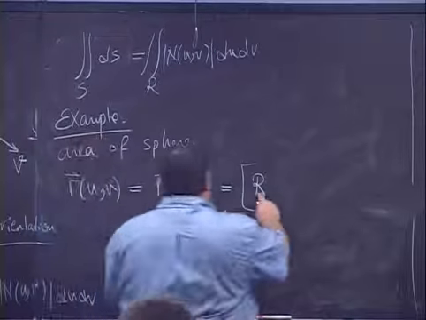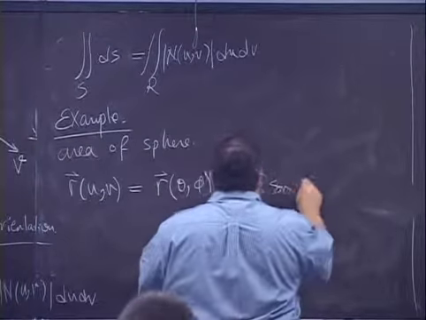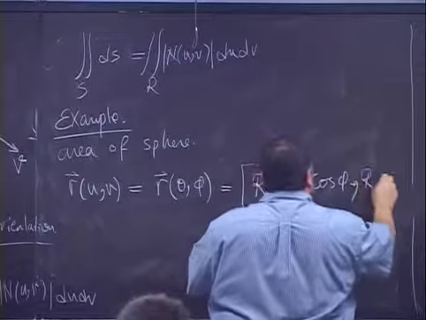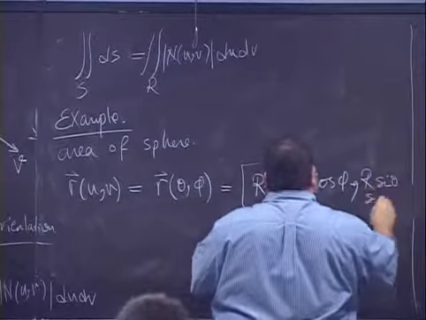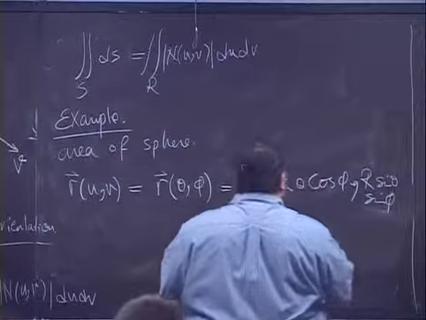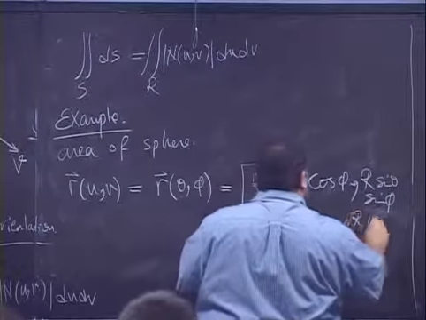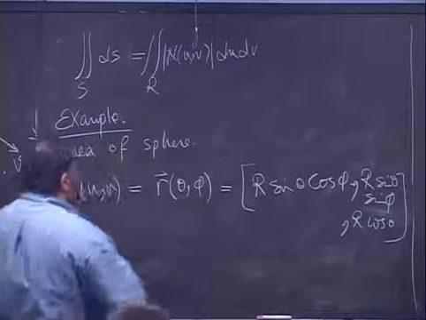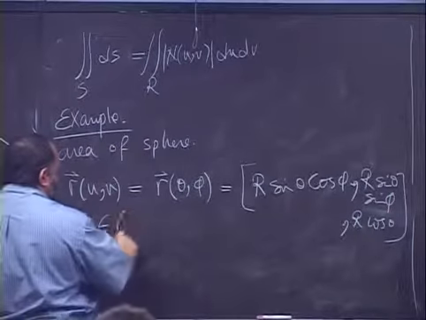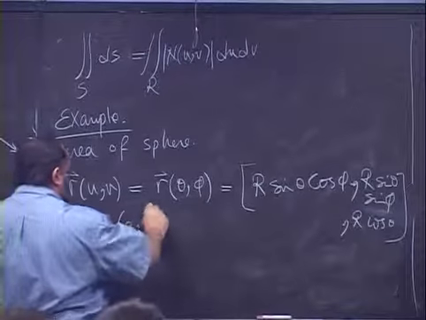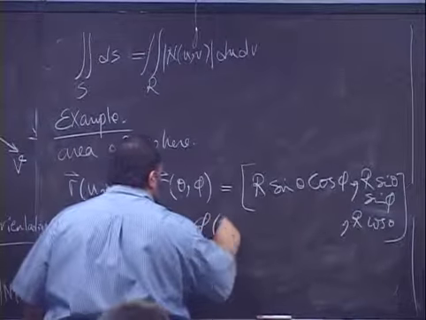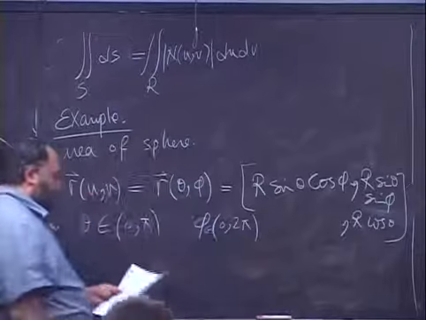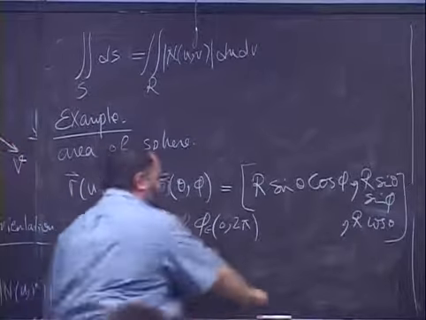So this is R sin theta cos phi, R sin theta sin phi, and R cos theta. Theta goes from 0 to pi, and phi goes from 0 to 2 pi.